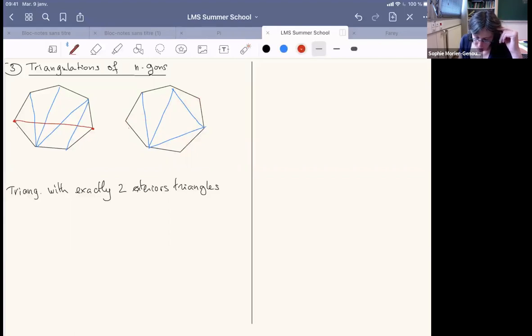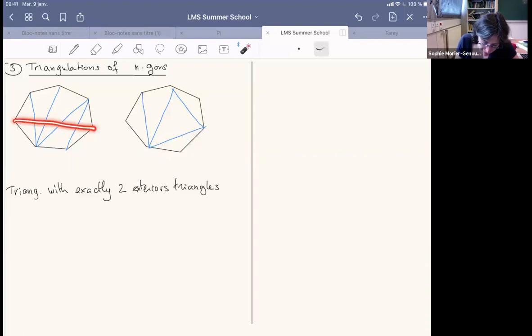So for these triangulations, I will record them with two different data. Let me try to explain this. It's going to be a rough picture of a triangulation with this property. What happens?